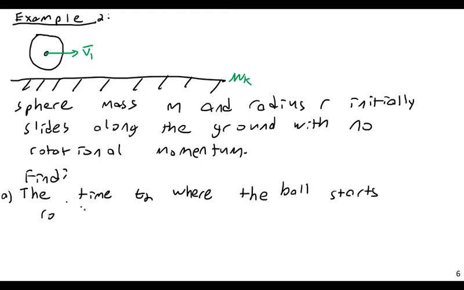This is A. And B, the linear and angular velocities of the sphere at time t2.